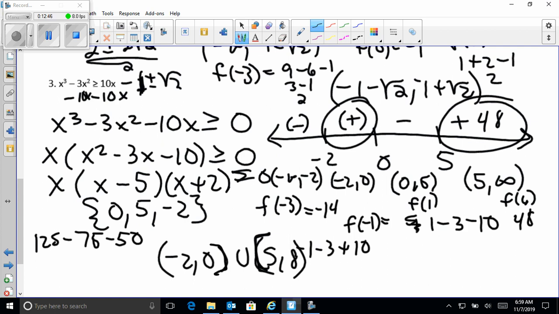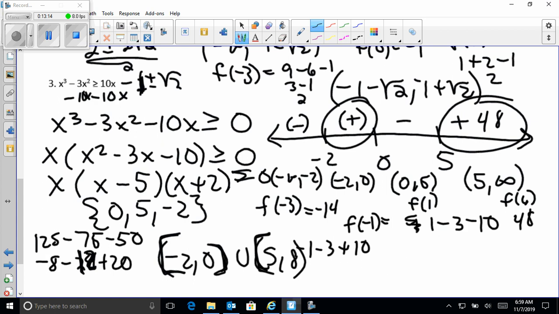I can see that. That's easy. And if I plug in a -2, I get -8 minus 12 plus 20. Yes, and that ends up being 0 also.